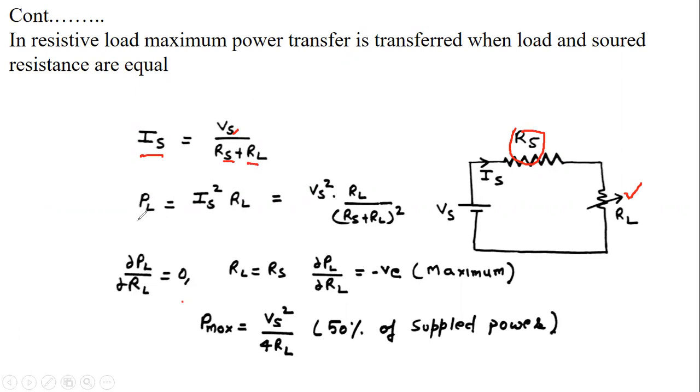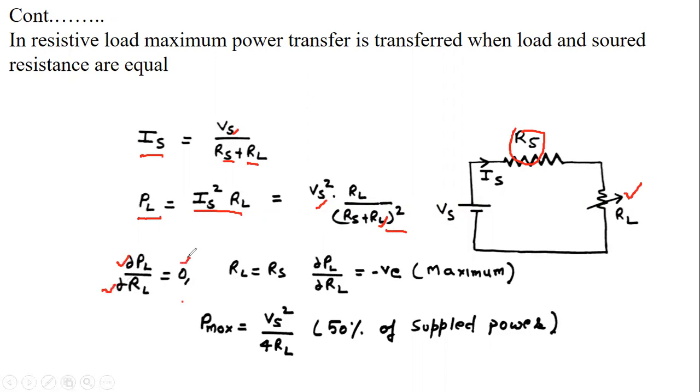Then the power across the load, PL, equals I square into RL. So this is V square into RL upon (Rs plus RL) whole square. This power is a function of load resistance because the load is the variable. So del PL upon del RL equals 0.